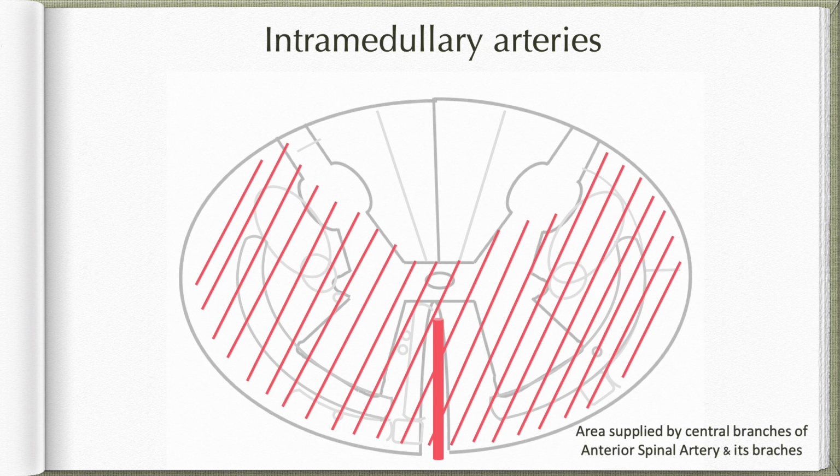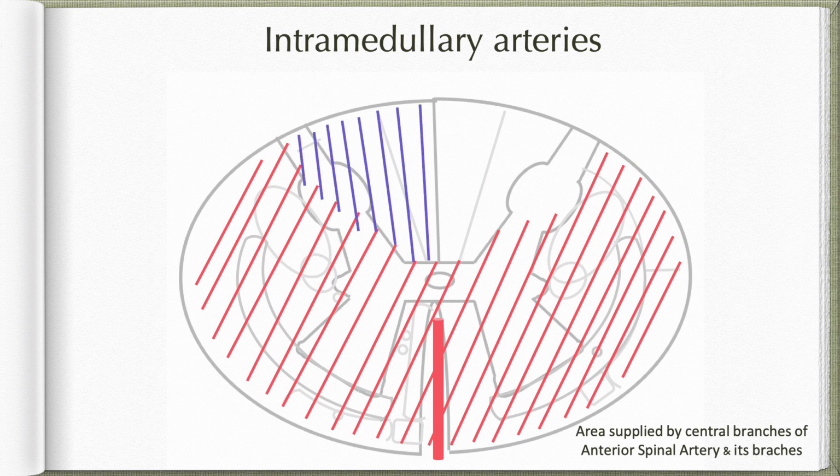The central branches from the anterior spinal artery or the anterior longitudinal channel will take care of supplying anterior 2/3 of the spinal cord. That includes most part of the ventral and lateral funiculi, ventral horn, part of the intermediate horn, as well as base of the dorsal horn.